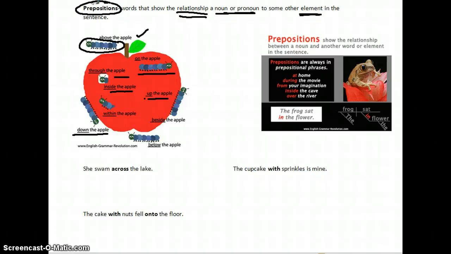Now, what you'll probably notice when you look at all of these examples is that the preposition, and I'm going to use prep for short, is always followed by a noun. That noun is called the object of the preposition.